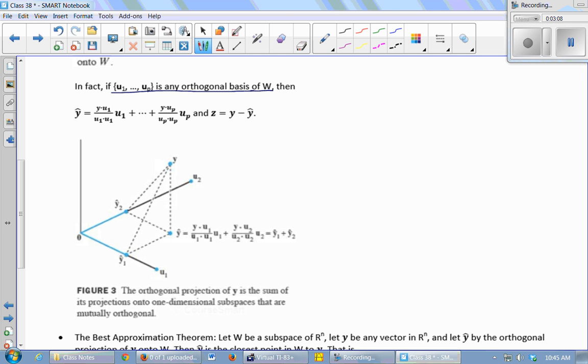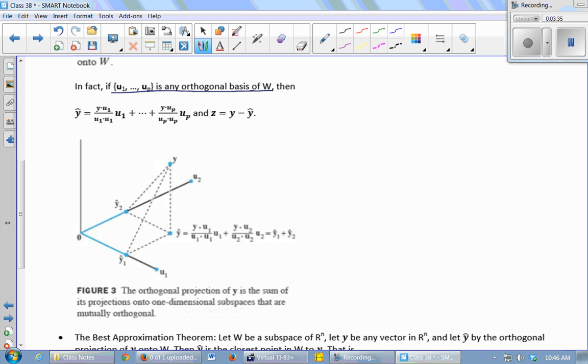If you have an orthogonal basis of W, y hat is just y dotted with u1 over u1 dotted with u1 times u1, where when this was a line, a basis for a line is just a single vector u, so it only had one term, right? The single vector whose span is the line. But now we have p vectors, so you add up all these components.